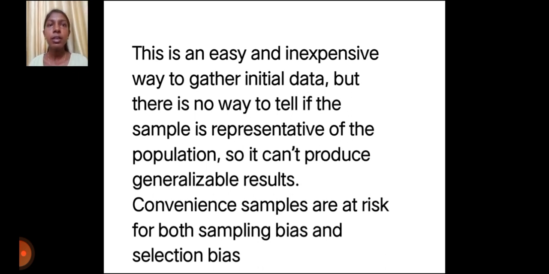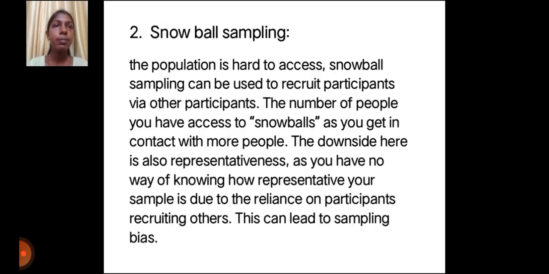This is an easy and inexpensive way to gather initial data, but there is no way to tell if the sample is representative of the population, so it cannot produce generalizable results. Convenience samples are at risk for both sampling bias and selection bias.